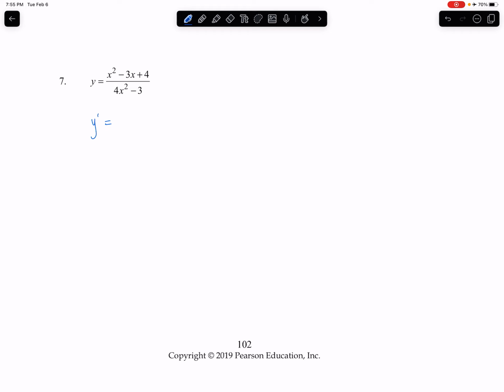Our derivative will be the bottom, 4x squared minus 3, times the derivative of the top, 2x minus 3, minus the top, x squared minus 3x plus 4, times the derivative of the bottom, 8x, all over the bottom squared, 4x squared minus 3 squared.